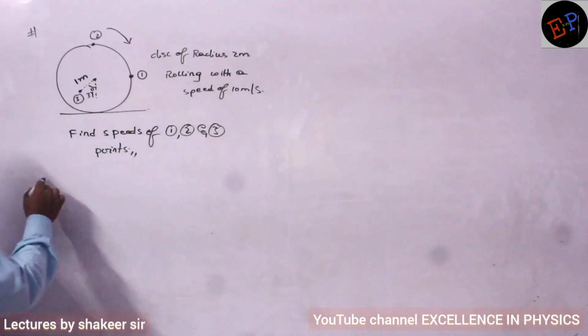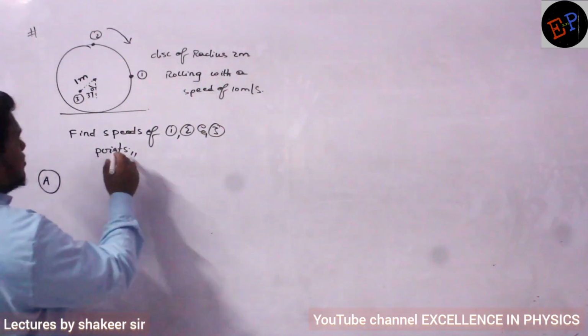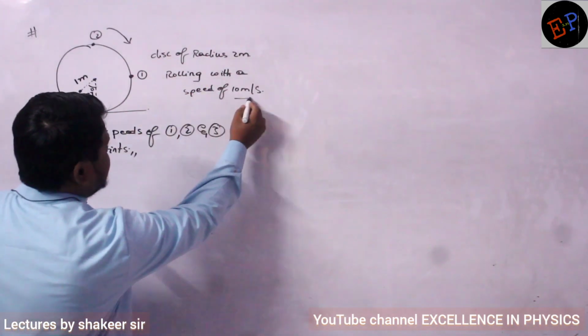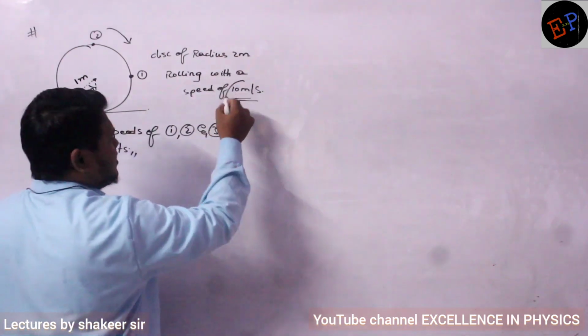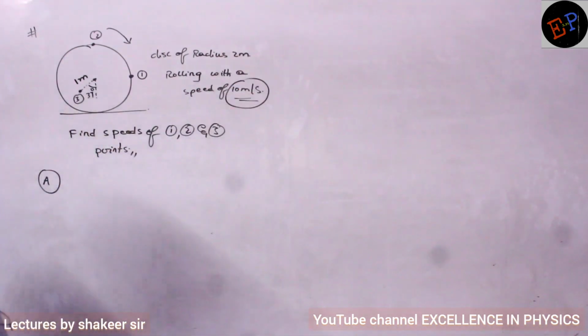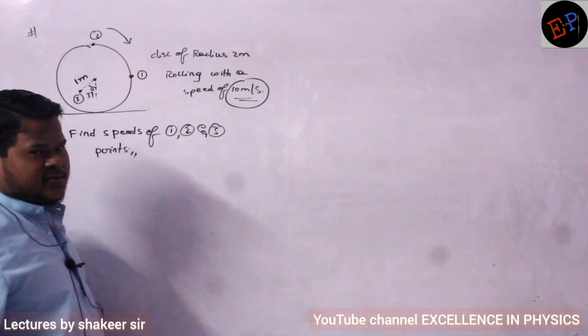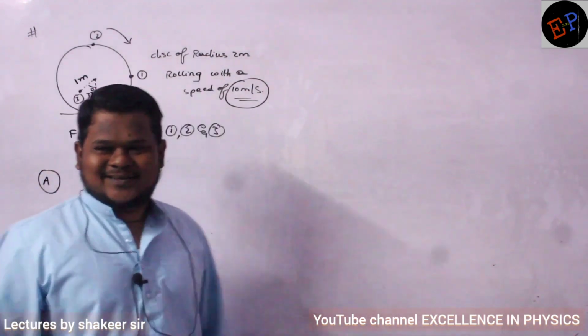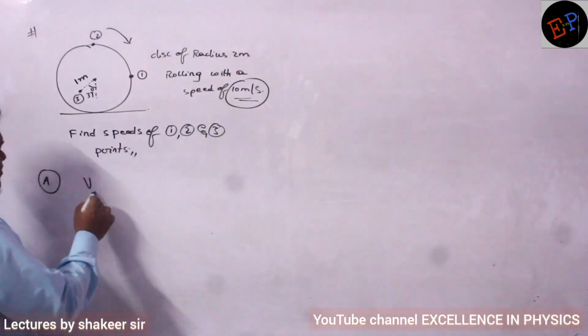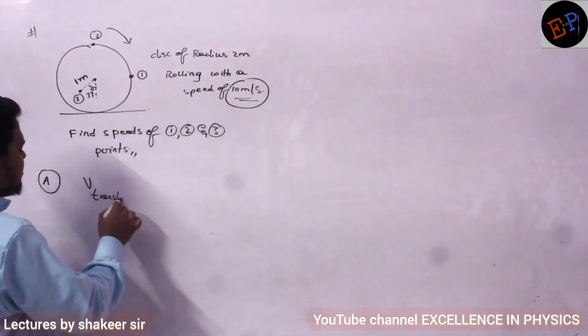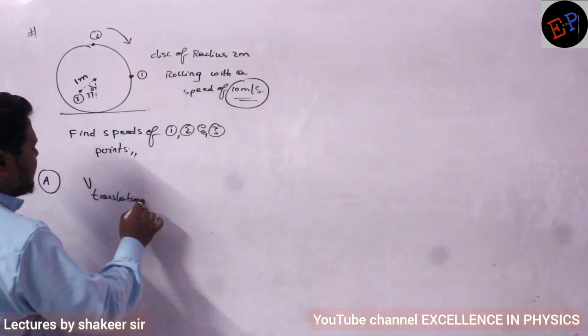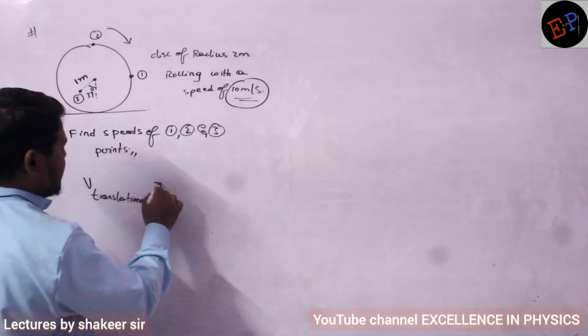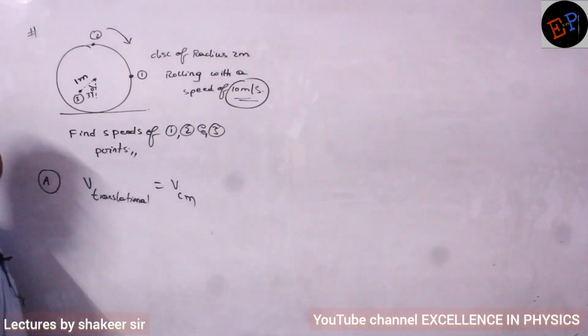Now let us see here. The disc is rolling with a speed of 10 meters per second. What is this velocity? The disc is moving at 10 meters per second, so what velocity is that? That is the translational velocity of the disc, which is also called the velocity of center of mass.